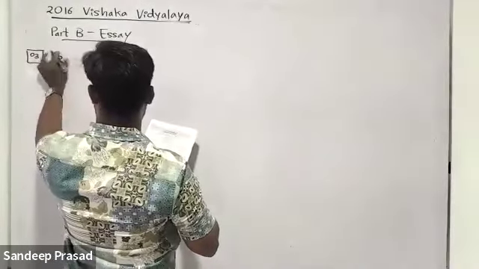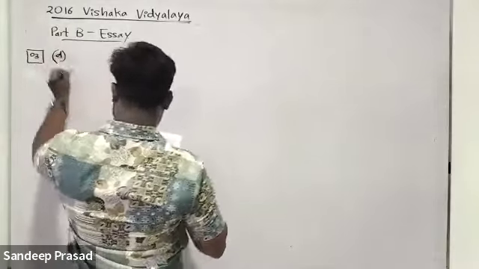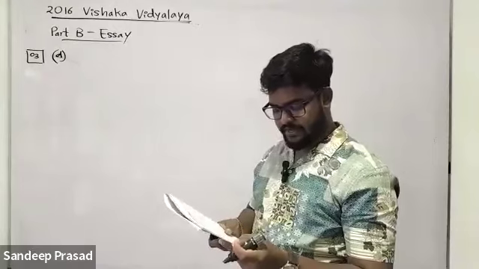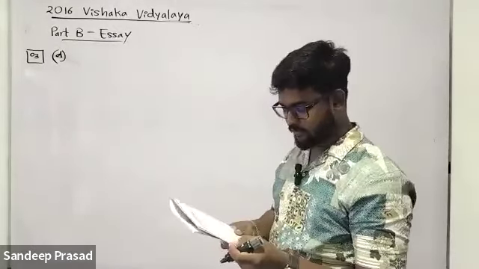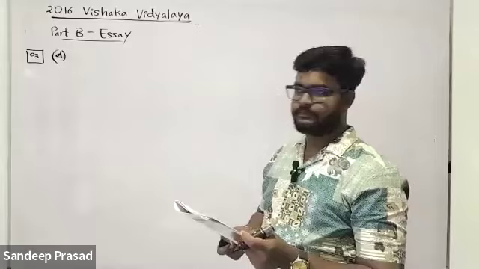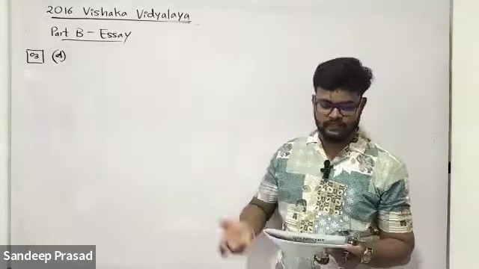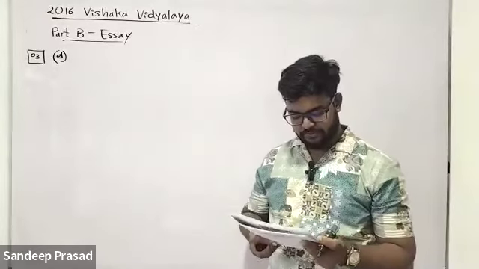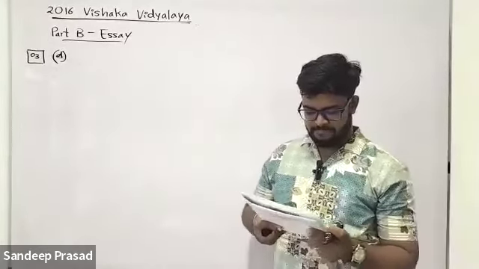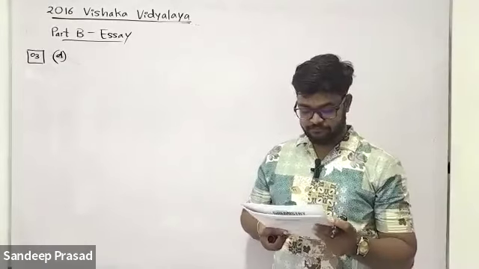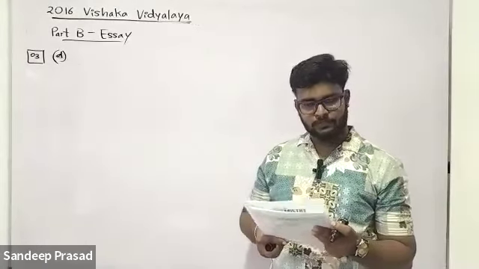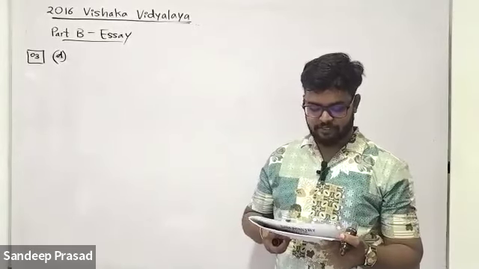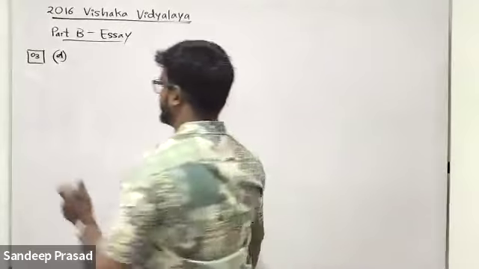Question number 3, part D. Sodium chloride is a solid which has a high melting point, while carbon tetrachloride is a volatile liquid. Volatile means what? Easily vaporizing. So we need to find out whether this statement is correct or wrong, first of all. Yes, it's correct. The reasons.